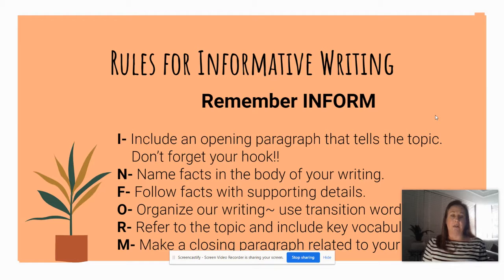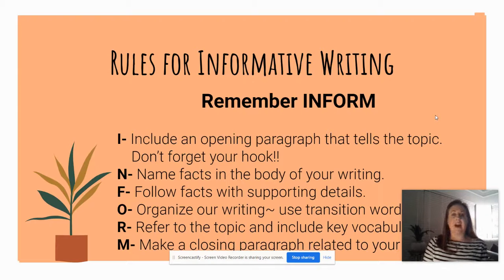So if you're talking about a particular person who has done something in their life, make sure you include vocabulary that would relate to that particular person. And then the last thing is making that closing paragraph or that closing sentence related to your topic. So you're closing it up and you're making it nice and neat.